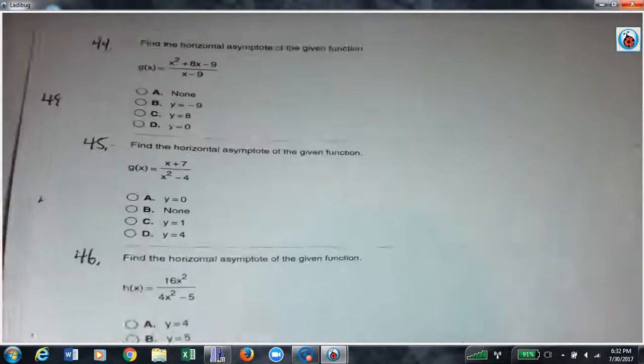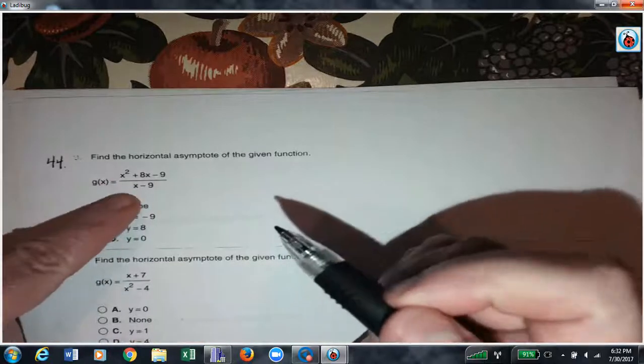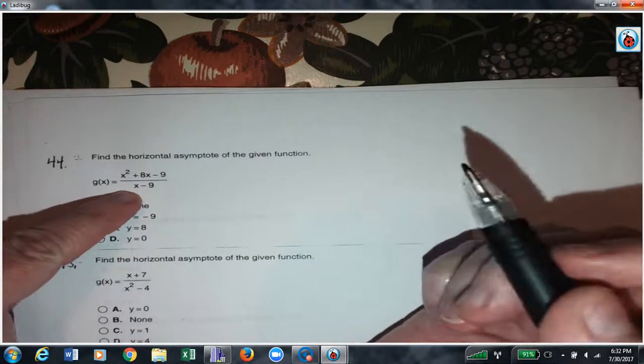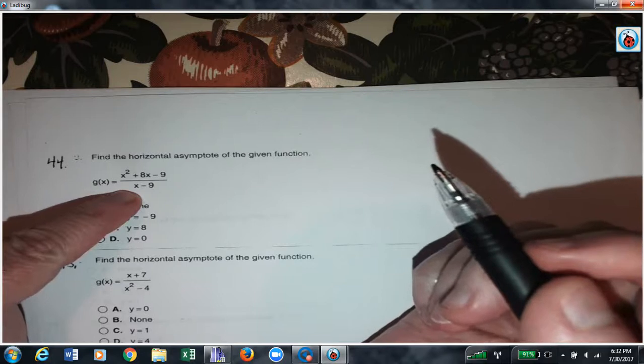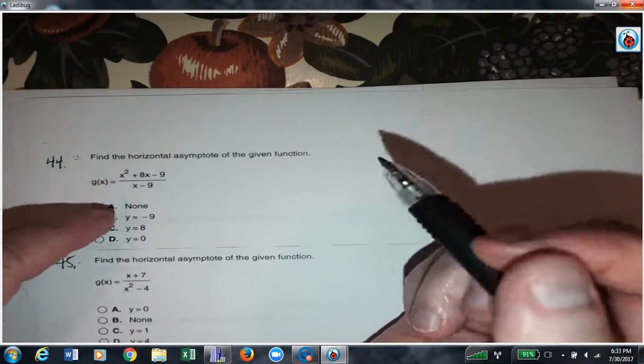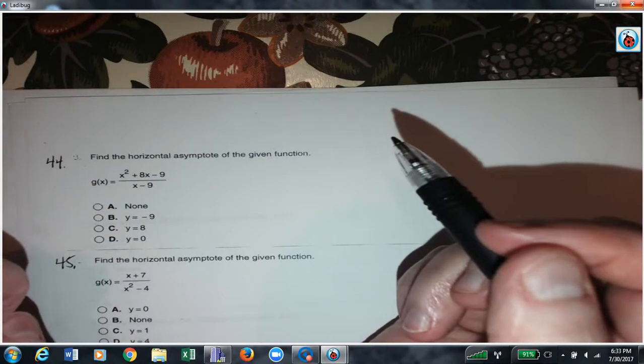Find the horizontal asymptotes. Okay. The degree of the top is 2. The degree of the bottom is 1. And there will be no horizontal asymptotes. So we had 3 cases. If the degree of the top is smaller than the degree of the bottom, we have the x-axis.